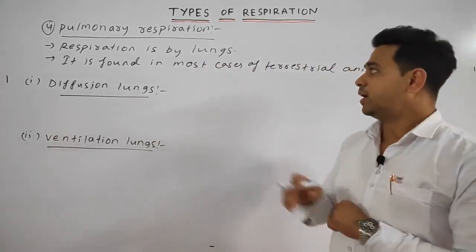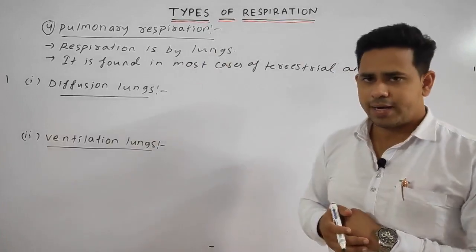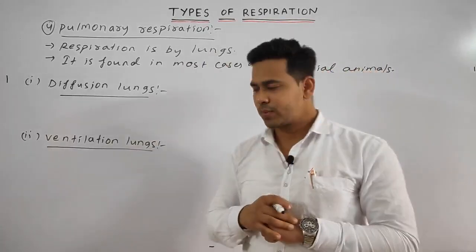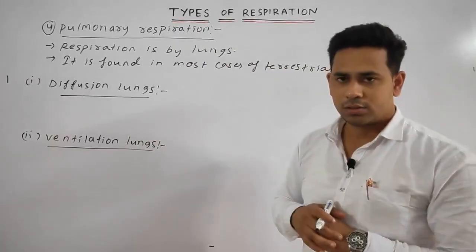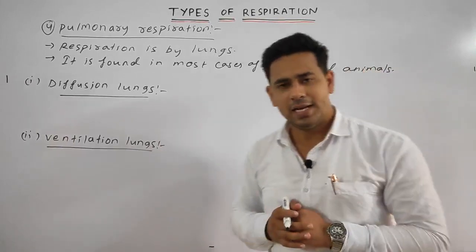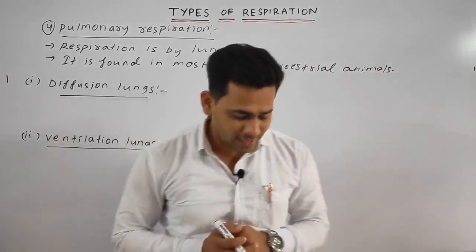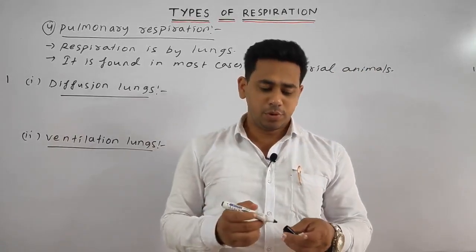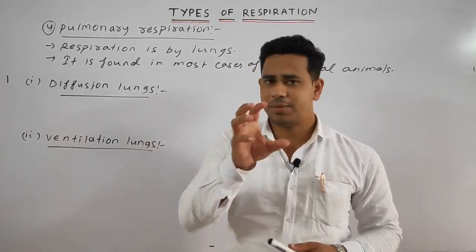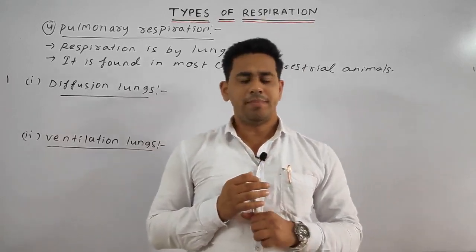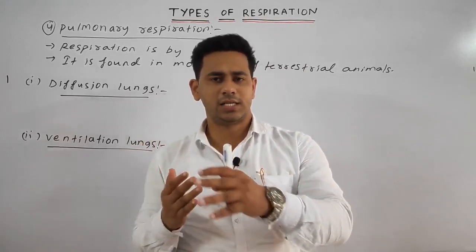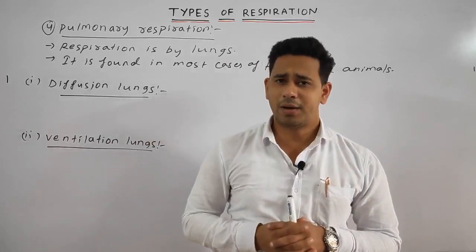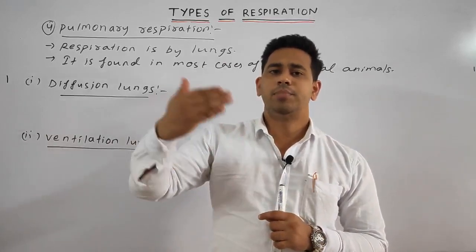Next students, the lungs are generally divided into two types. One is diffusion lungs, another one is ventilation lungs. So what is diffusion lungs and what is ventilation lungs? Students, diffusion lungs are generally simple in nature, and the gaseous exchange takes place with the help of simple diffusion.